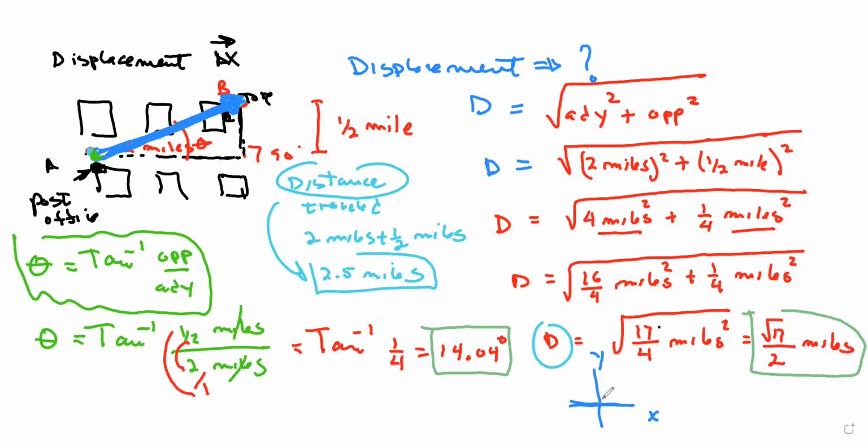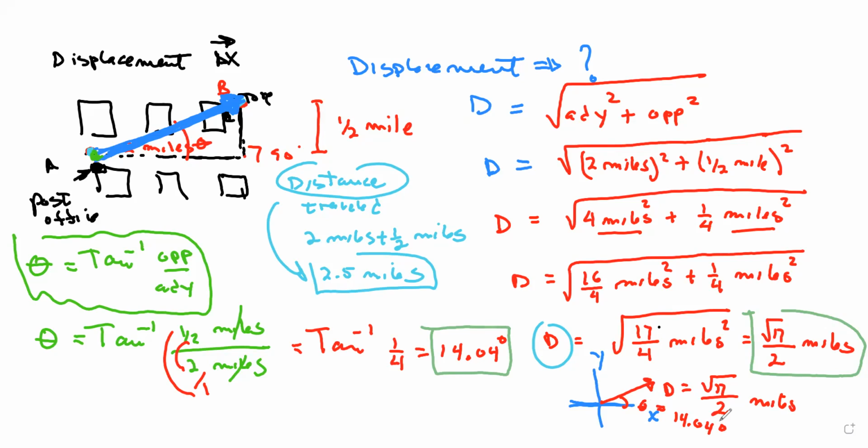And you have your displacement vector that goes this way. Your displacement vector has a magnitude of the square root of 17/2 miles, and has a direction theta, which is 14.04 degrees.